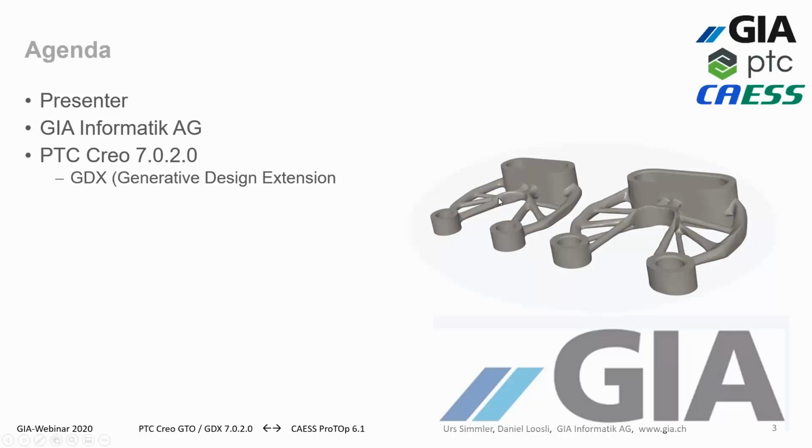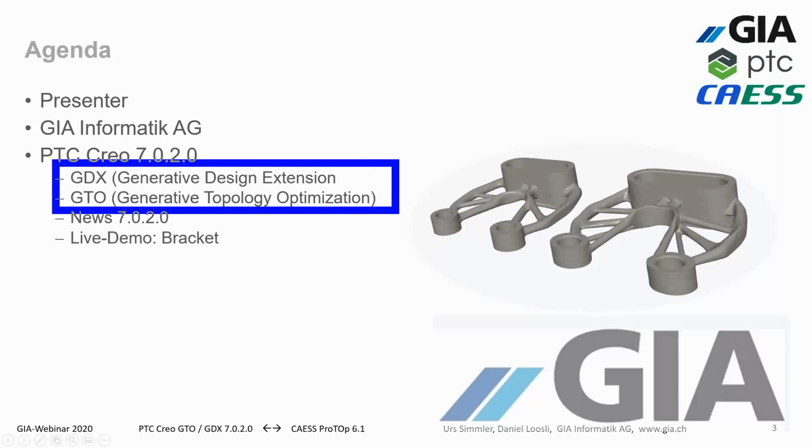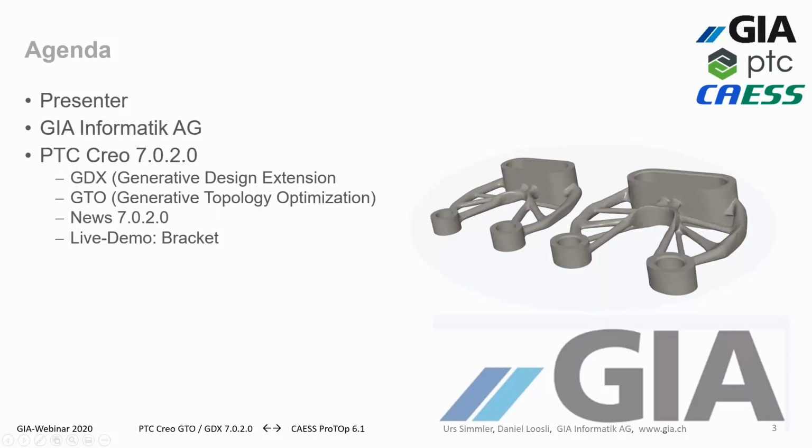Here is the agenda. First, I'd like to talk a little bit about me and the company I'm working for. Then we're talking about the new solutions from PTC, GDX and GTO. And then, of course, we're doing some live presentation with these products.